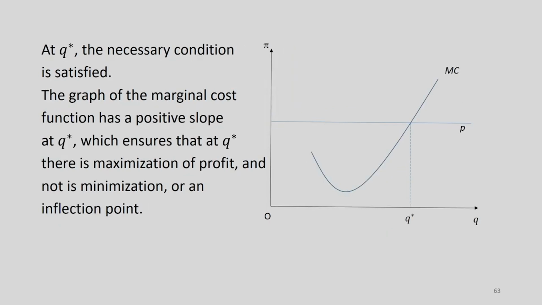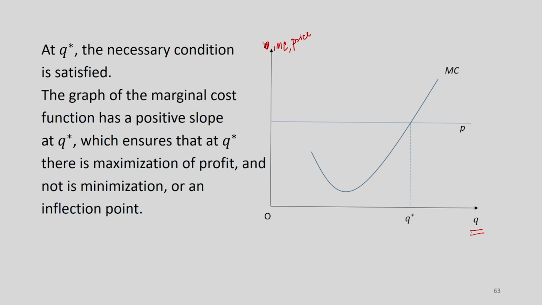Okay, here is a diagrammatic representation of what we have been talking about. This is a very standard diagram in a perfect competition market. Along the horizontal axis, you have the output level Q. On the vertical axis, you have the different variables like marginal cost, price, etc. Not really profit.